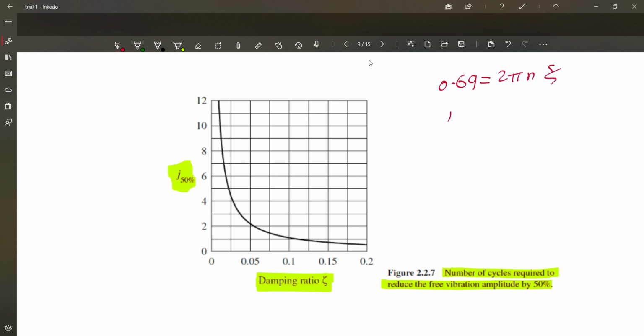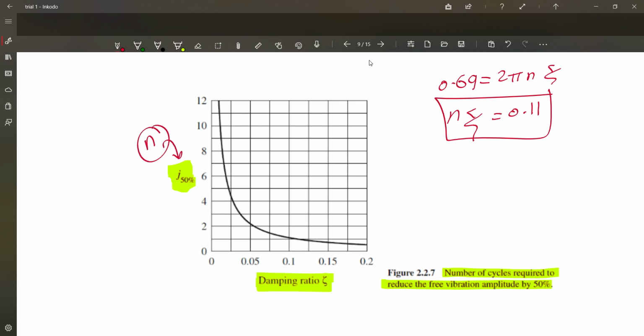This means that n psi almost equals 0.11, right? So this is the number of cycles, and this is the damping ratio, which is psi. So they have this relation that n is going to equal 0.11 over psi.